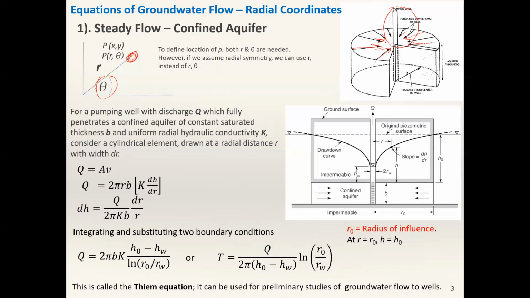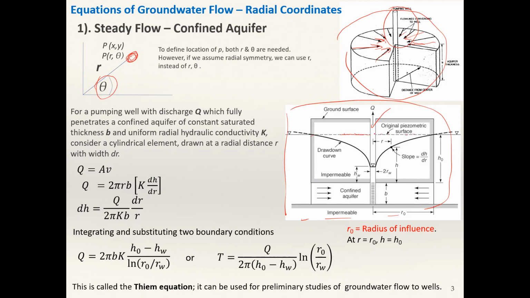So if you consider a cross section of this, it will be like this, right? This is the cross section of the previous figure. Here we have the pumping well, and when you start pumping water out, what happens? This is the original piezometric head.